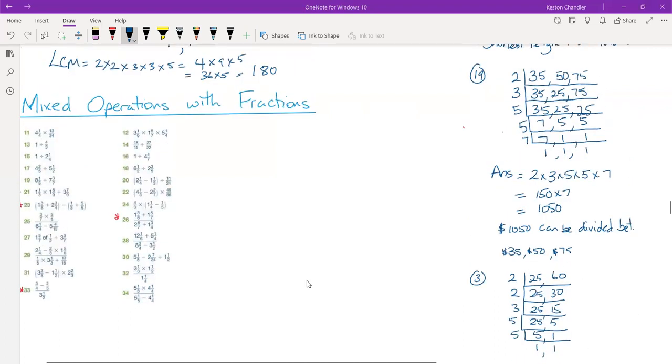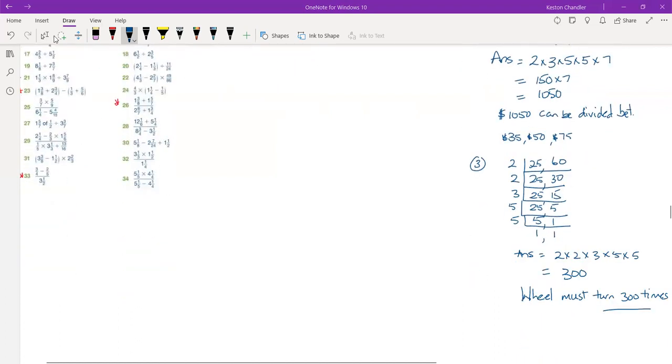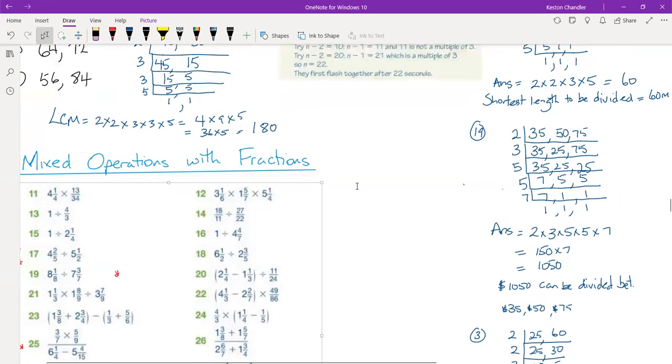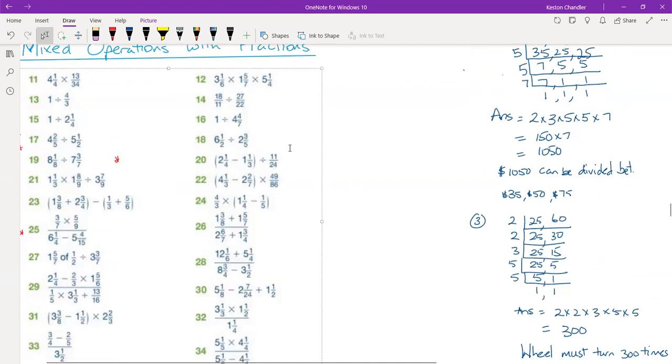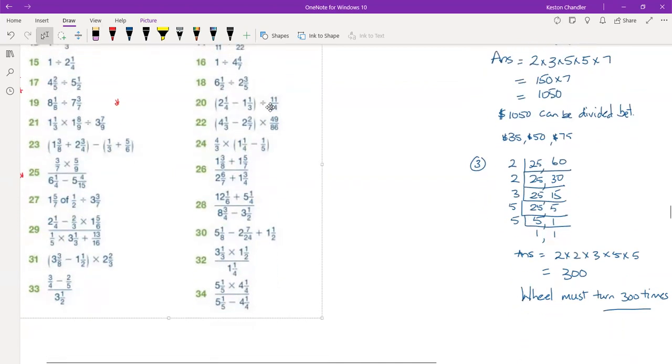All right, the last thing we're going to look at for today's session is fractions with mixed operations, right? I am just going to look at a few, or maybe 1 or 2 questions from here, and you guys are going to do the others for me.